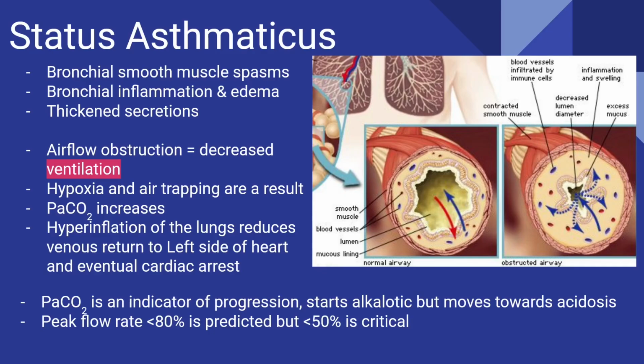So that's where you could eventually get your cardiac arrest when you have an asthma attack. So what we can do to sense how far their asthmatic attack has progressed is we can look at the CO2. It'll often start alkalotic and then move towards a more acidotic state. So the further we get into an acidotic state, respiratory acidosis, the worse we know it is.